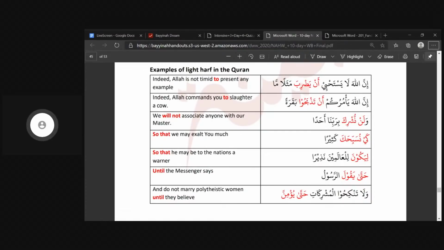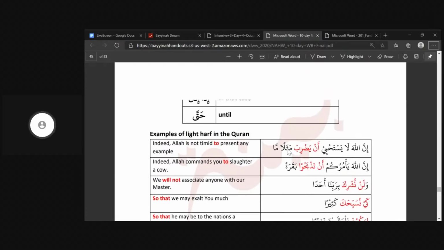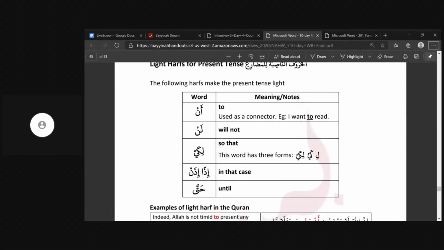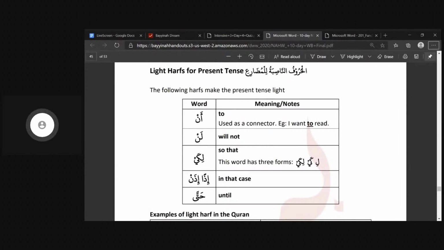And I guess while we're here, because today's quiz is on light and lightest, we can go over light and lightest. So a present tense fi'l, present tense only. Keep that in mind. A present tense fi'l can be normal, it can also be light, and it can also be lightest.